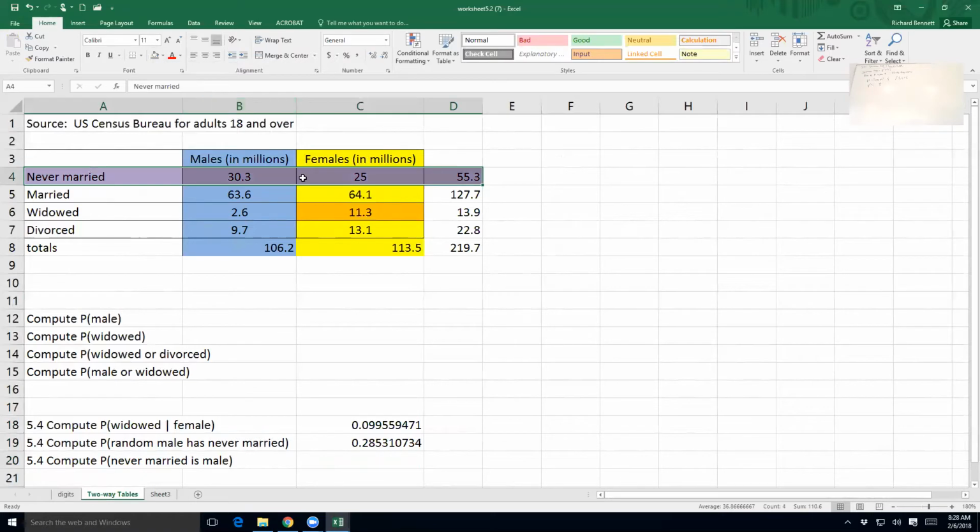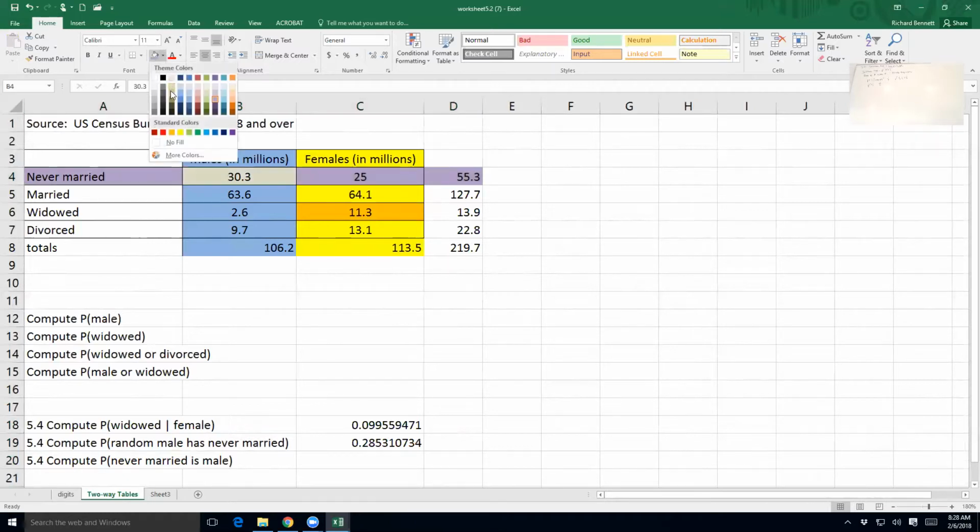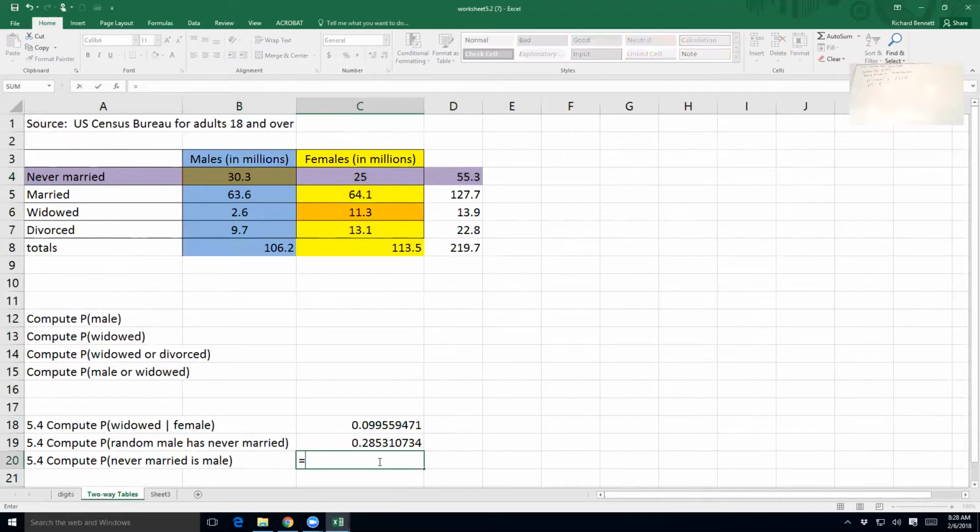Okay, and we're picking a never married is male, so we want that number again. I'll go back to brown. Okay, so this is what again? 30.3 divided by 55. 54.8. Okay. Piece of cake. Can I ace my test tomorrow?